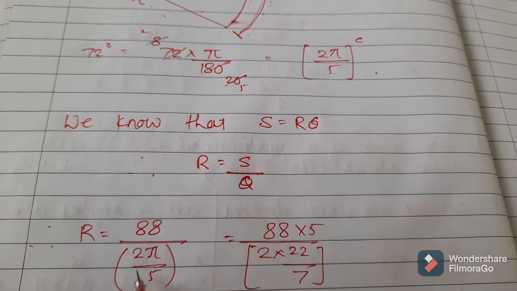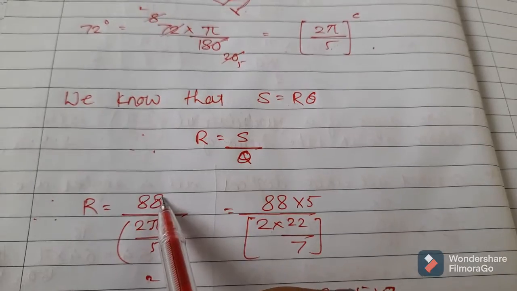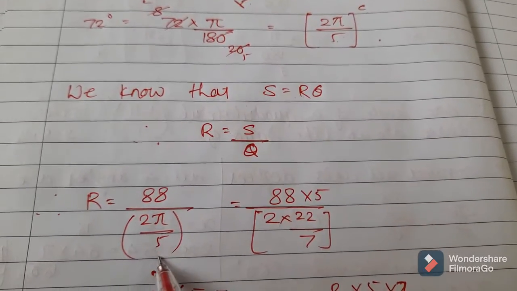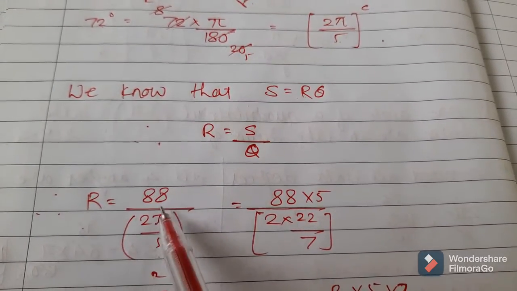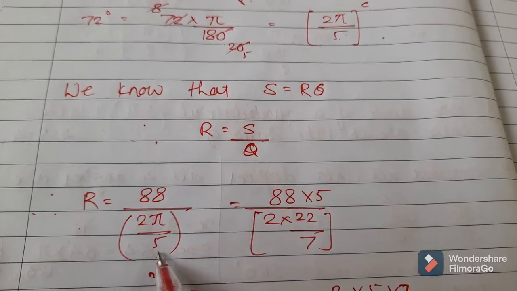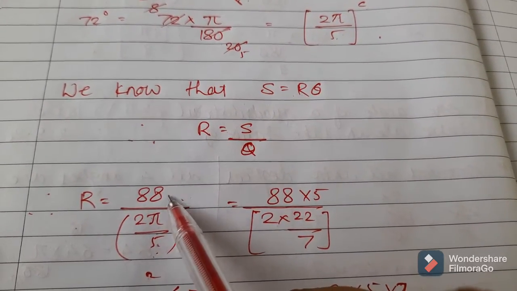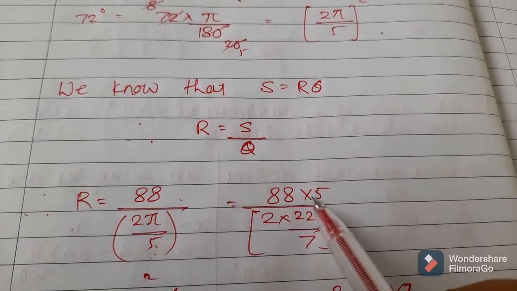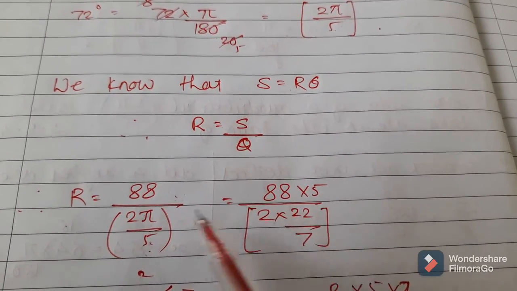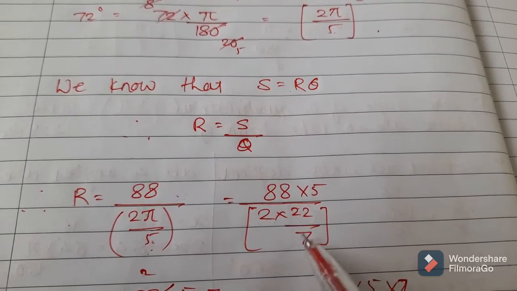So r = now s is 88, theta is 2 pi/5. So r = 88 / (2 pi/5). What we will do, this 5 will go up here and multiply 88. So 88 × 5 / 2 pi, that is 2 × 22/7.